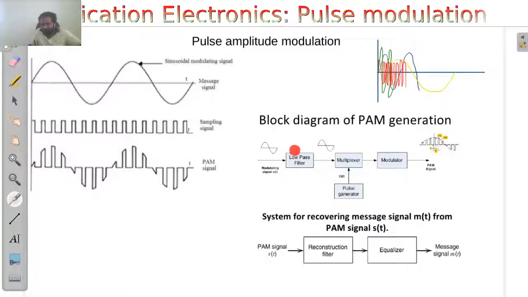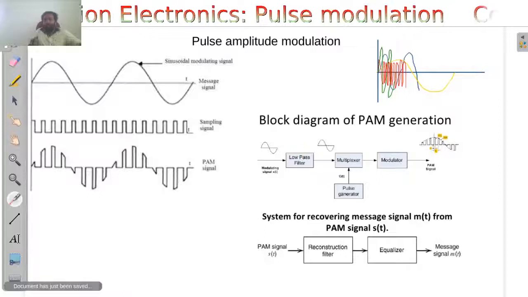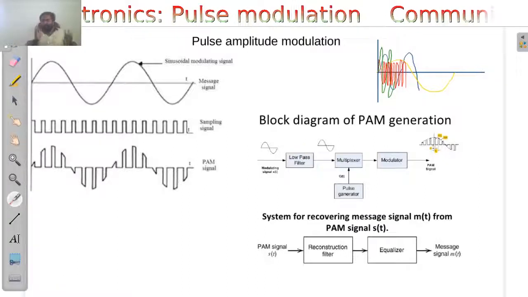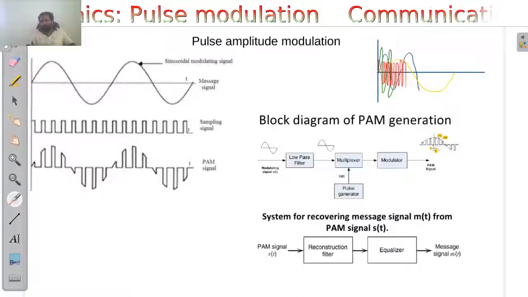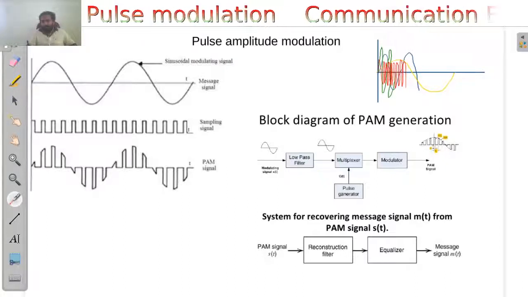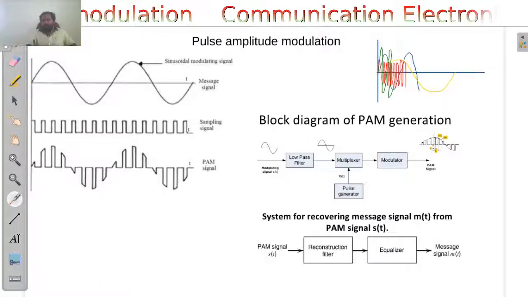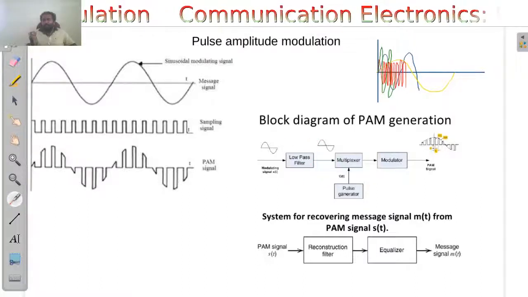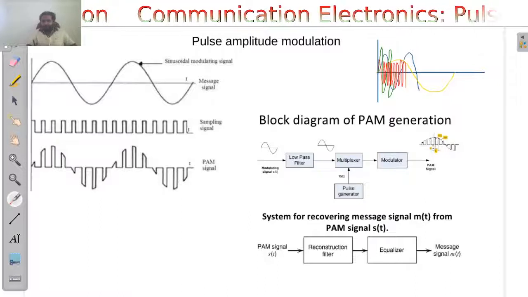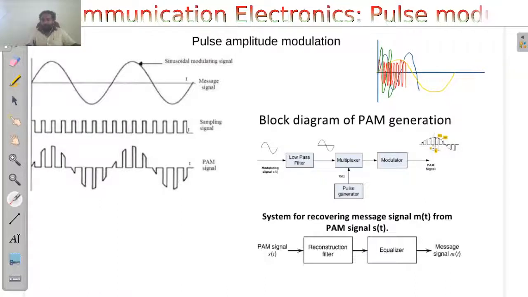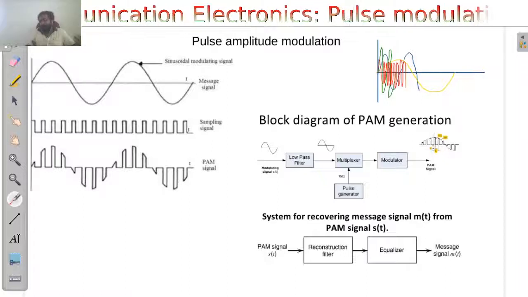So a low pass filter, what it does is that it will allow all the frequencies that are lower than a particular frequency of interest. If I don't want this red colored frequency, then I will make a low pass filter which will allow anything which is lesser than a particular frequency, and it will block anything which is greater than that frequency, called the cutoff frequency.